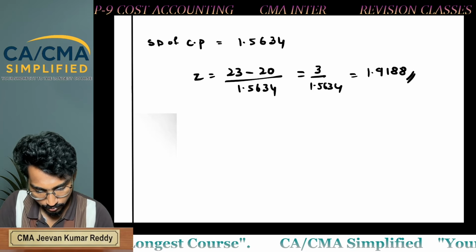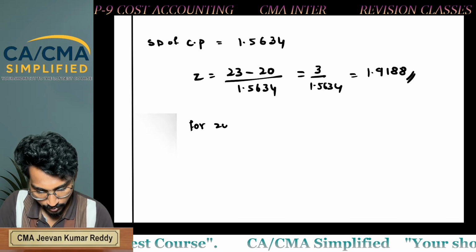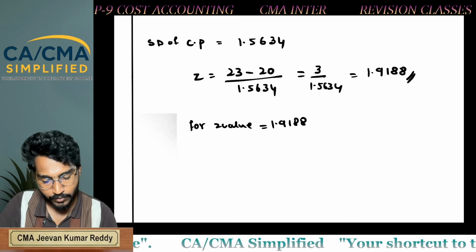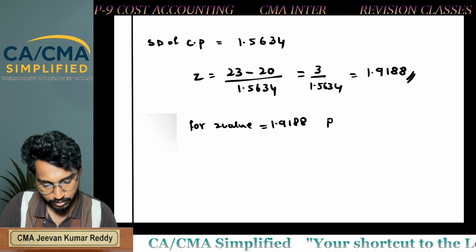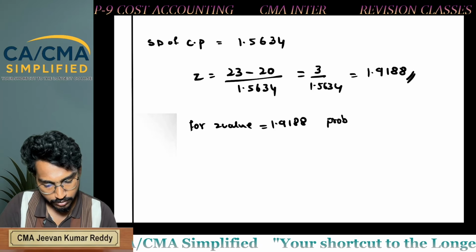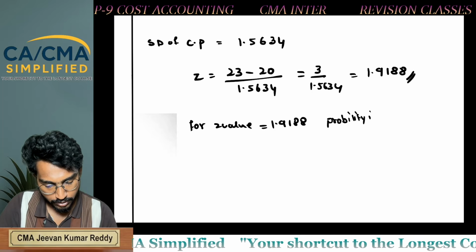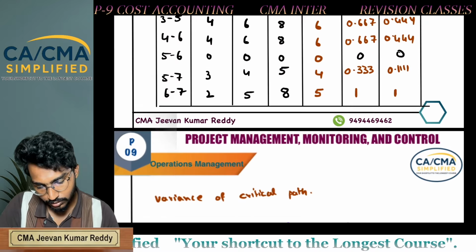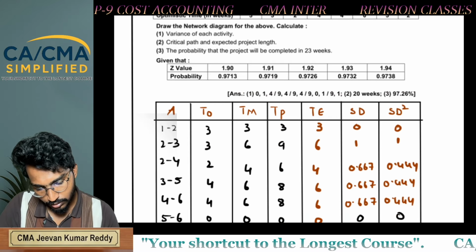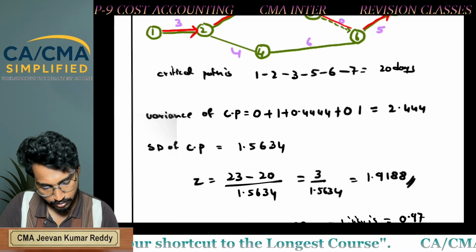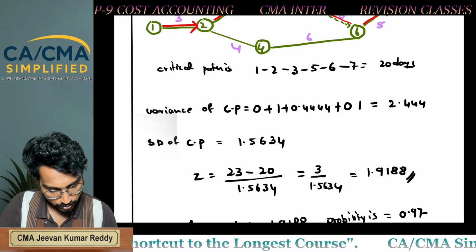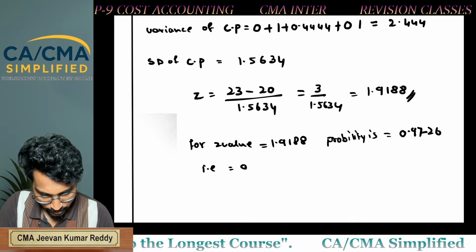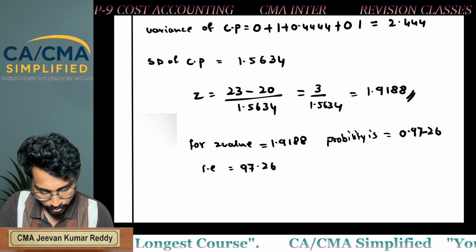So for the Z value 1.9188, the probability is 0.9726, which is nothing but 97.26%.